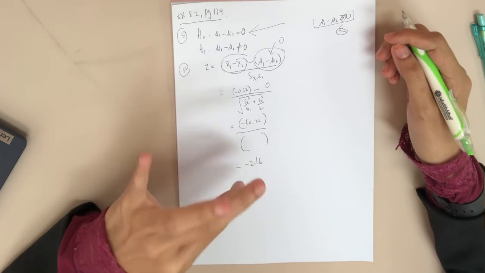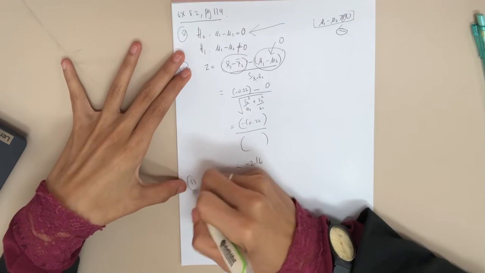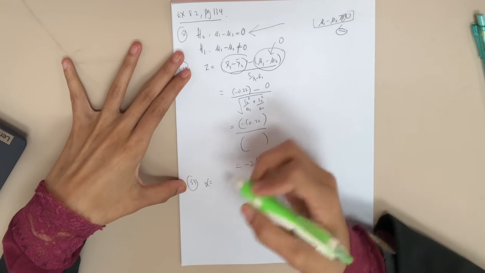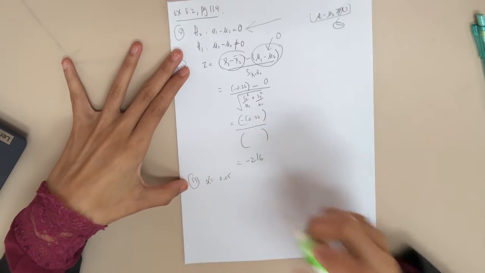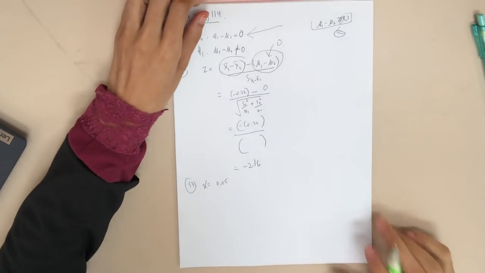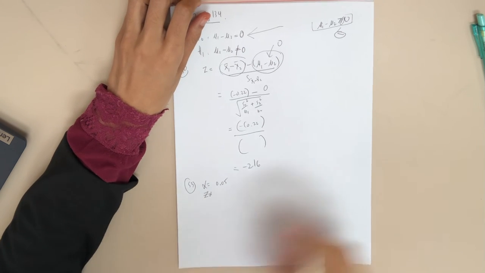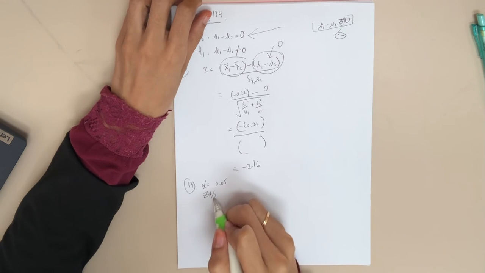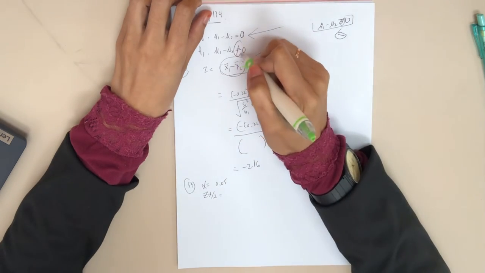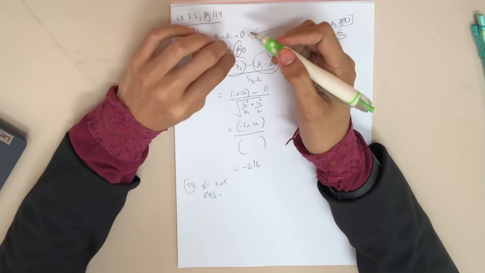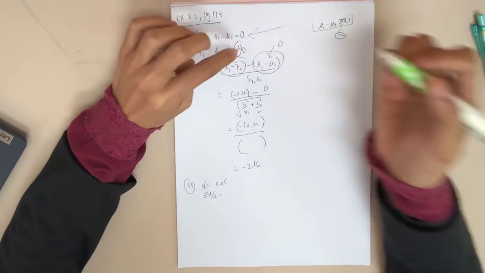Now this is step number 2. Step number 3, what is your alpha? Your alpha here is 0.05. Then you need to check whether it is Z alpha or Z alpha over 2. It is Z alpha over 2, because this is two-sided.